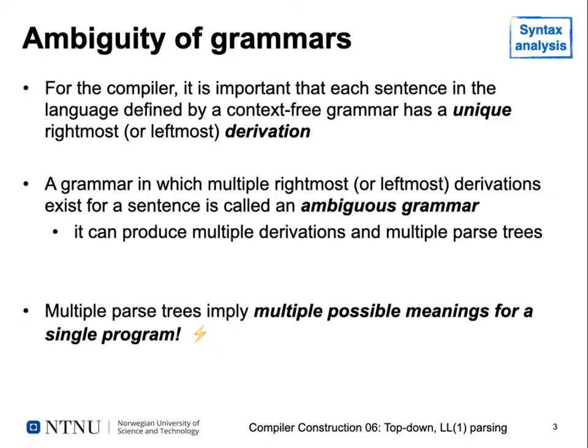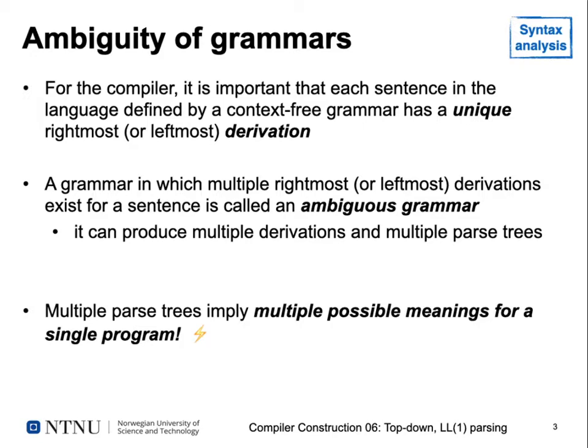So you've probably seen these slides in our previous lecture already. We've talked about one big problem when designing grammars, and this is the ambiguity of grammars. For a compiler, it's important that each sentence in a language defined by a context-free grammar, and that was all the grammars we've talked about so far, needs to have a unique derivation.